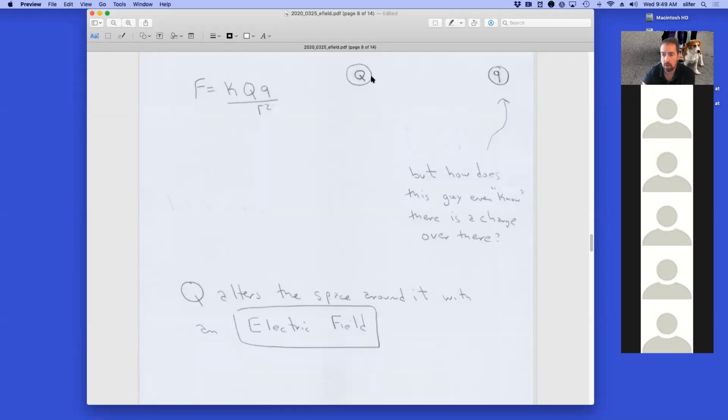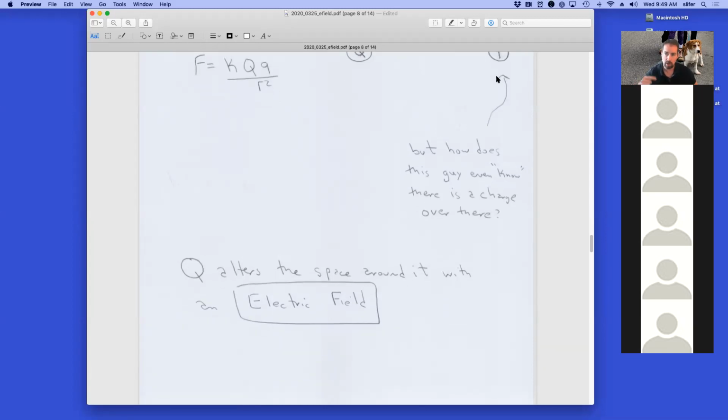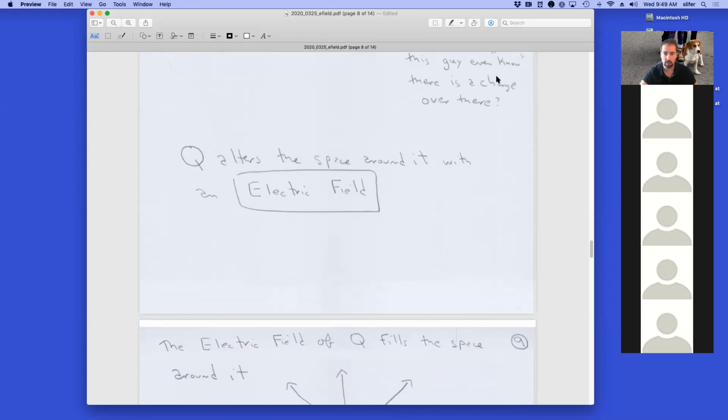So we've introduced a middleman, whereas before we had these two interacting by a force. I'm asking you to think of this conceptually as this big Q altering the space around it in some weird way, so that this little q, when it's sitting in that space, is going to feel a different effect than if it hadn't been modified in the first place. Please bear with me. I get that this is abstract and a little bit weird.